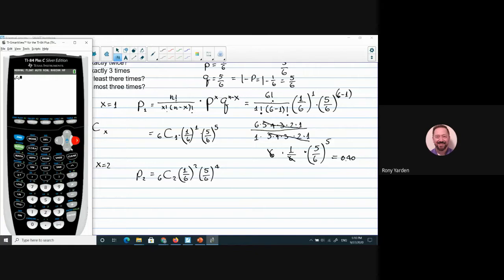Get out of the subscript, 1/6 in parentheses, 1 divided by 6 to the power of 2, times 5 divided by 6 to the power of 4, and enter. And the answer is 0.2009, again rounded to the nearest hundredth.